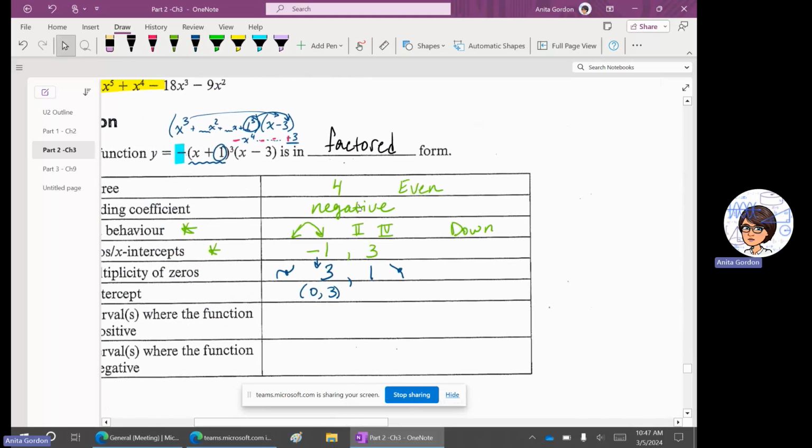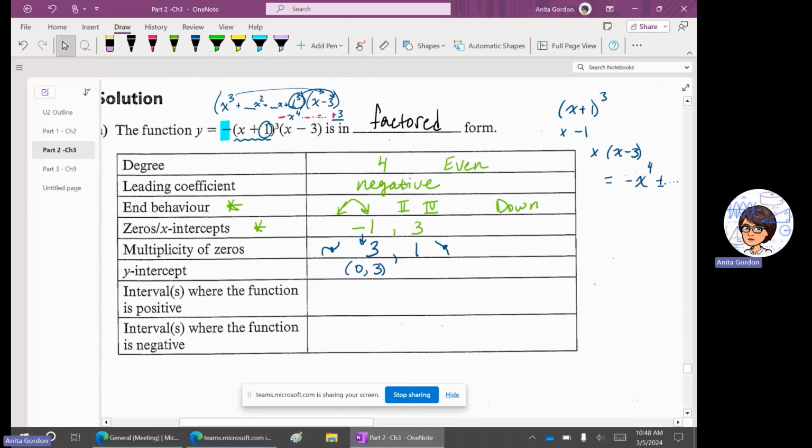If you are not sure how I did that without doing all the steps, then go ahead and expand (x plus 1) cubed, and then multiply it by -1 for the coefficient, and then multiply it by (x minus 3). And if you collect all your like terms, you're going to get -x to the 4th, plus or minus some stuff in the middle, and your last number will be a 3, your constant.